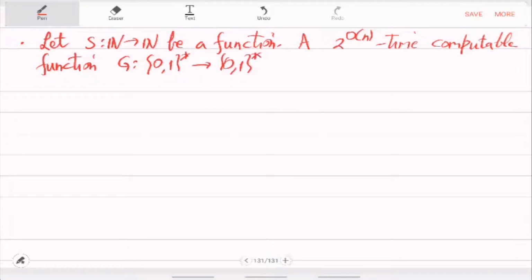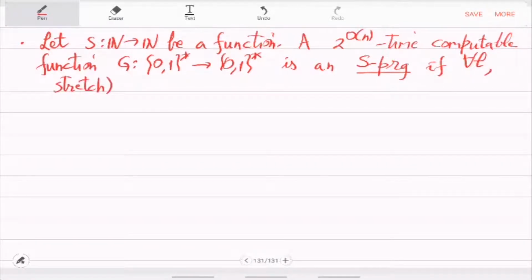Okay, it's not a Boolean function, it's actually a function, is an SPRG if for all L, G stretches L bits to S of L bits.